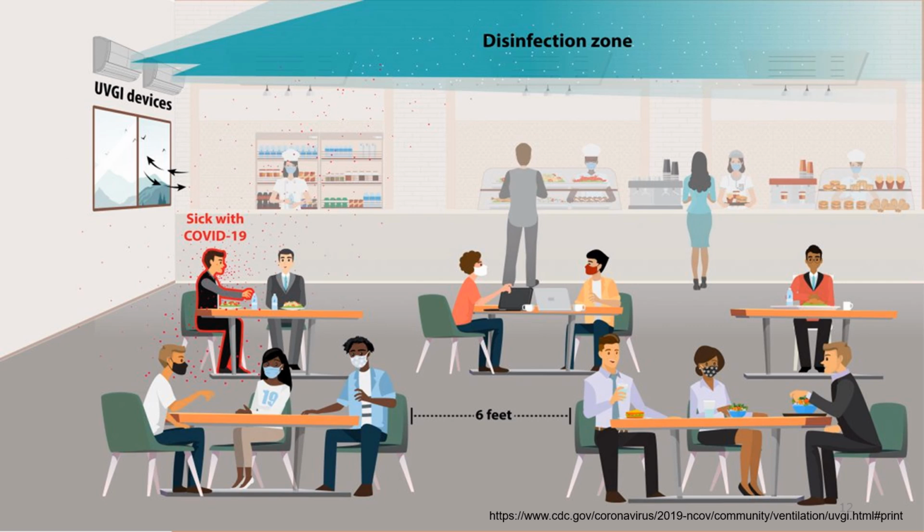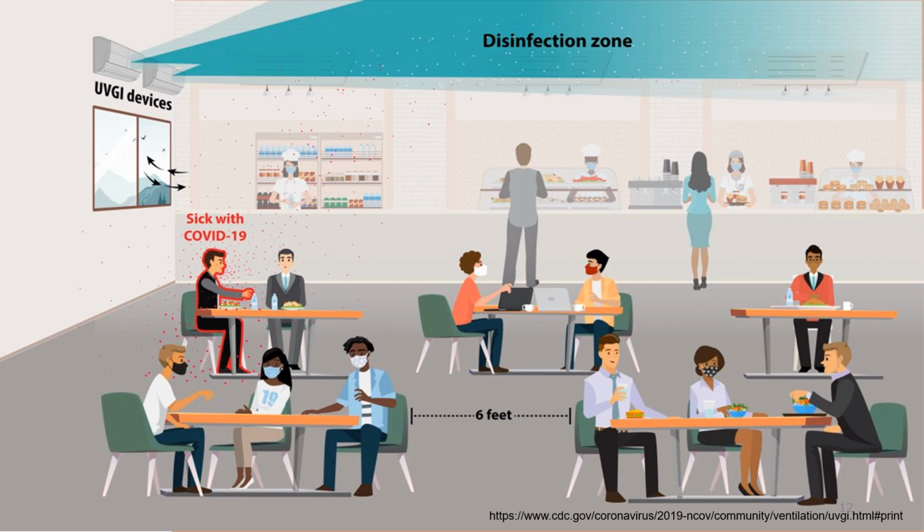I clipped this out of a CDC educational brochure on how upper room germicidal works. Basically, you have to have a reasonably high ceiling, well above the position of standing individuals, and you disinfect that upper room air.